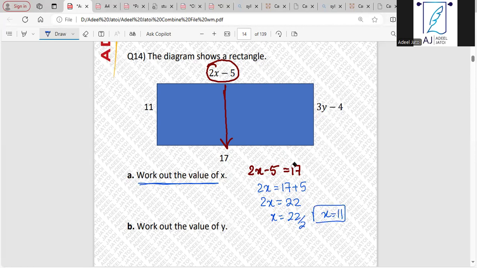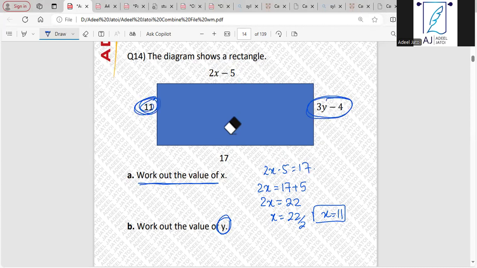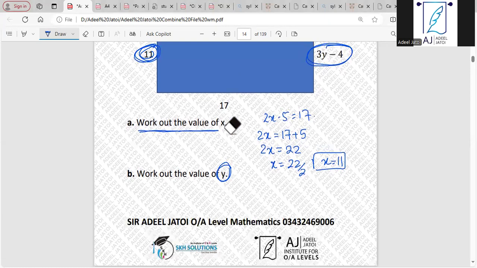Same thing can be applied in part B. Right? So part B has y. So now 3y minus 4 is equal to 11. 3y minus 4 is on the left hand side. When we shift minus 4 to the right hand side, it will be plus 4. 3y is equal to 15.